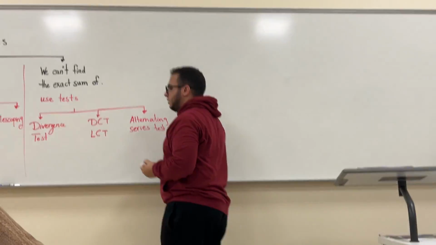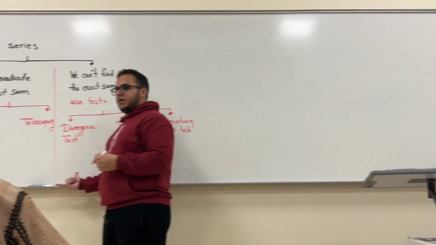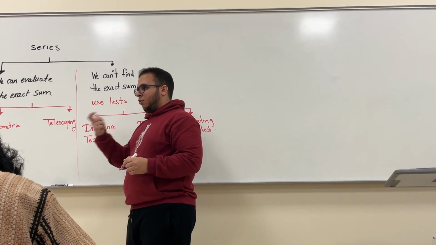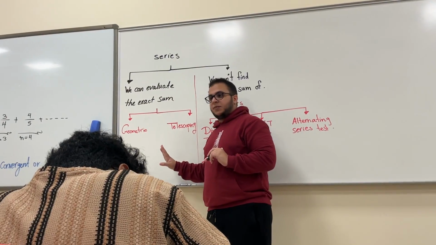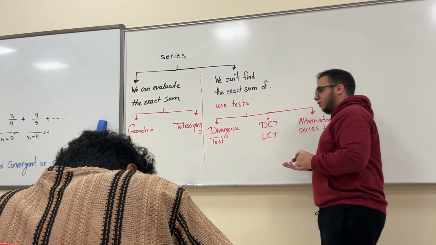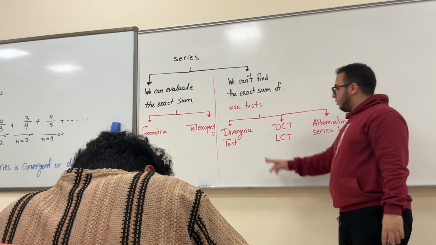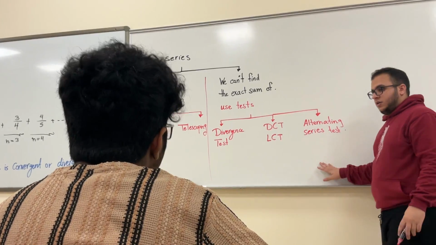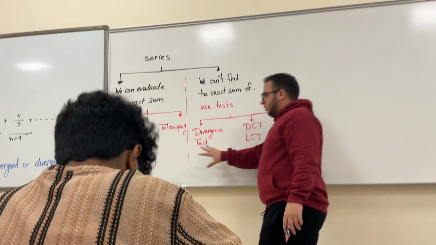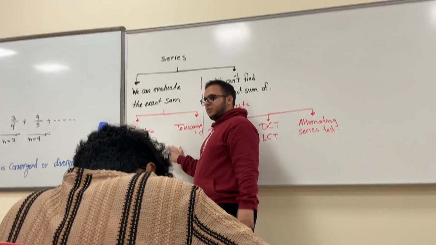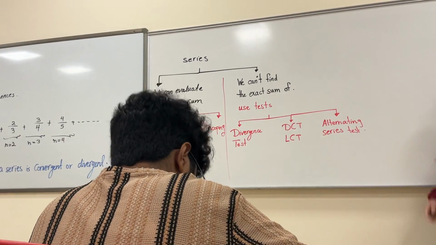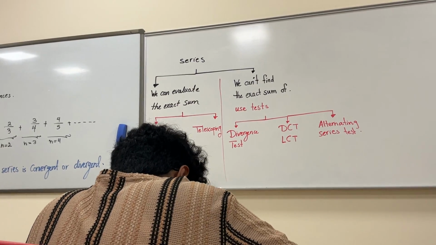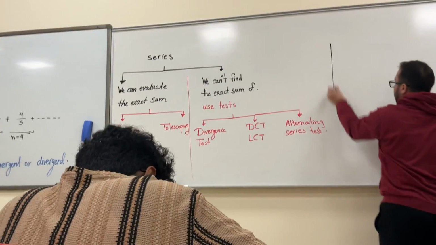So if he says in the exam, find the exact sum of the series in any wording, then it's either this one or this one. If he says find if it's convergent or divergent, I use any of these 4 tests. So what I'm going to do today is focus on these as much as we can, and then these ones we'll do next. Okay? Right, okay.